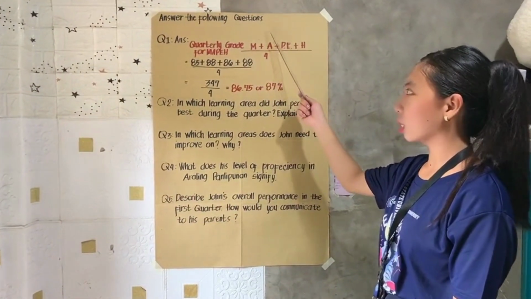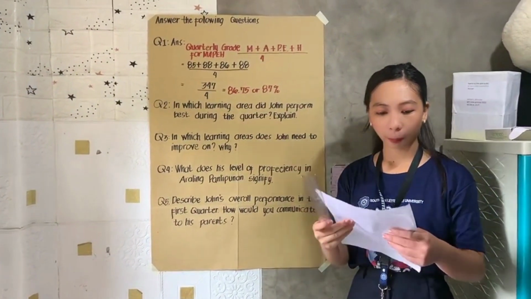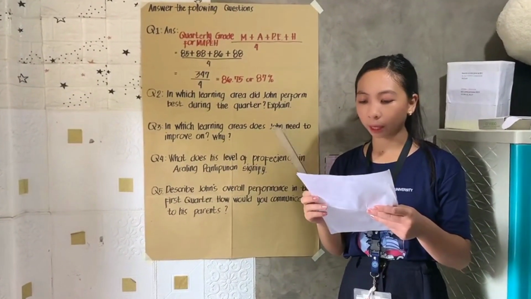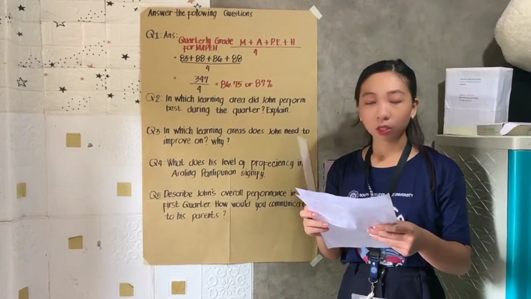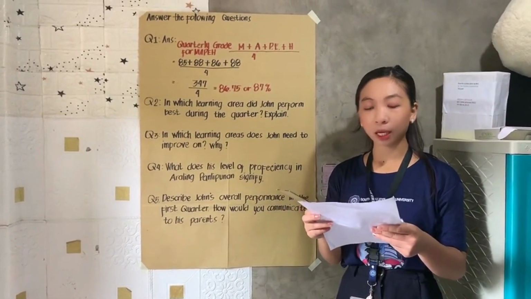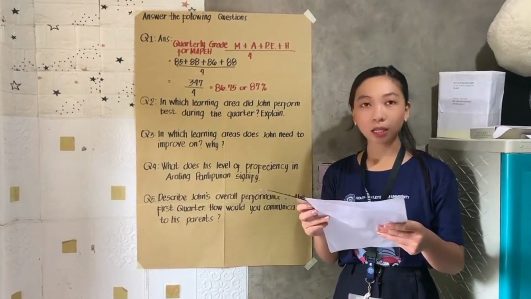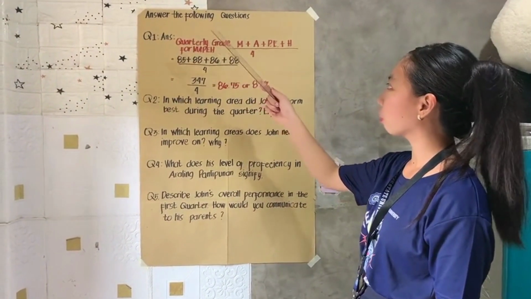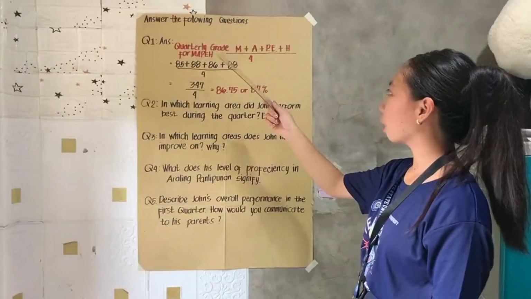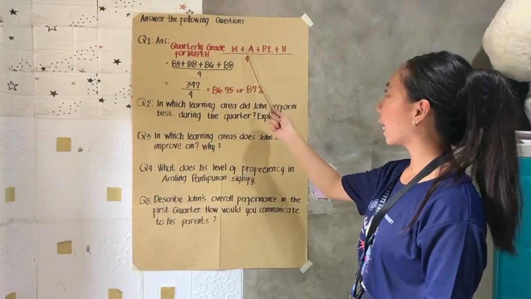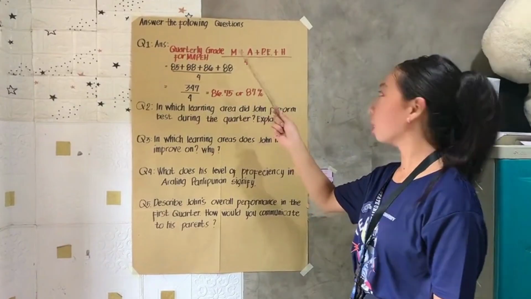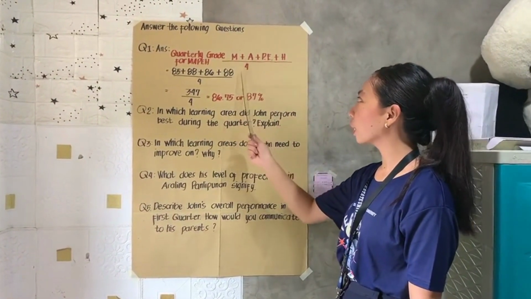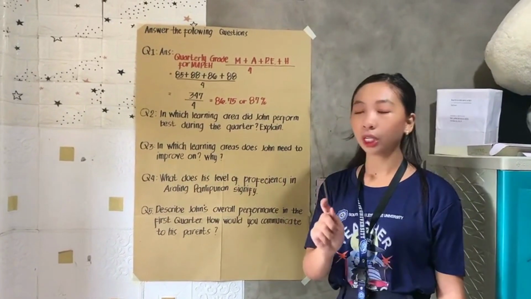Answer the following questions. Question number 1, what is John's composite grade in MAPE? How did you do it? So John's composite grade in MAPE is 87%. I solved it by computing using the formula, which is quarterly grade for MAPE, consisting of the music grade plus the arts plus the physical education plus the health divided by 4, since they are different learning areas.